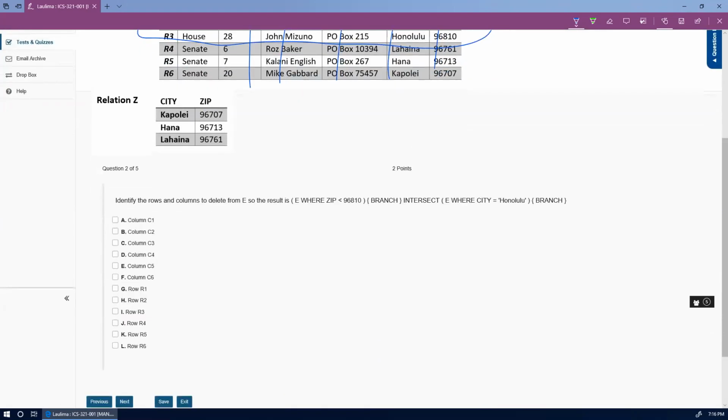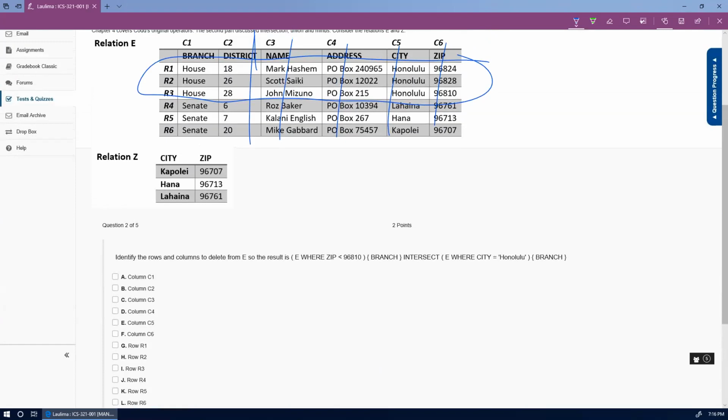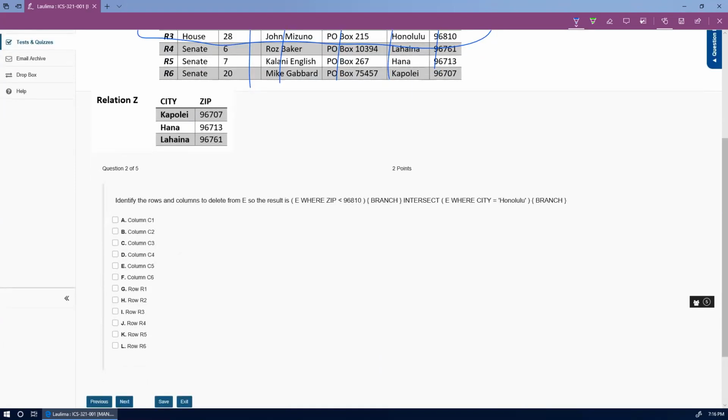All right, so anyway, you're going to cross out everything where the city is not equal to Honolulu, and you're going to cross out everything where the zip code is less than 96810.